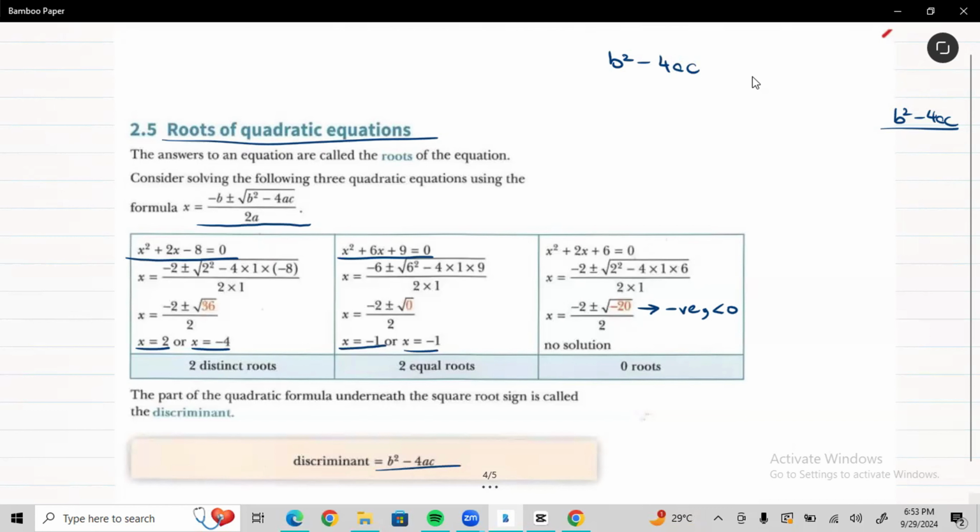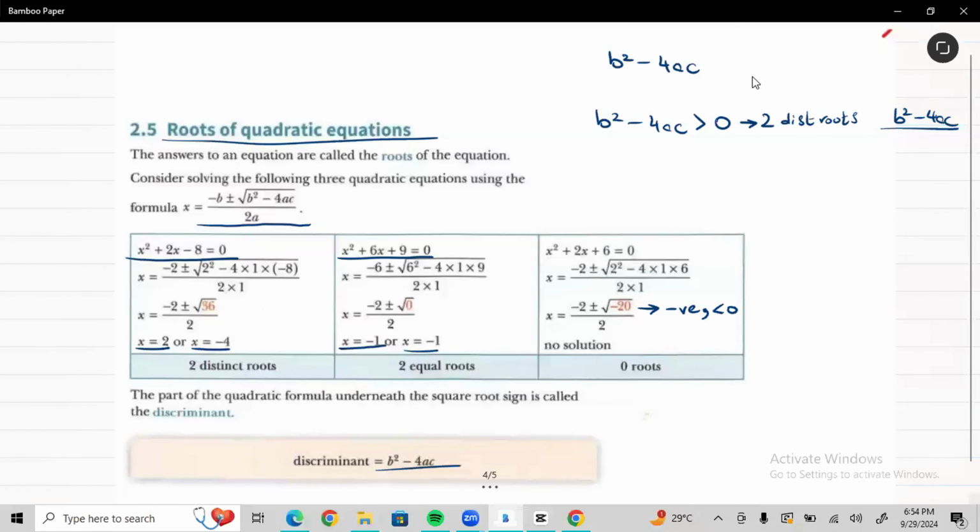If we take b squared minus 4ac, and the answer for this is greater than 0, we are going to get two distinct roots. So if the answer beneath the under root is a positive value, it is going to give two distinct roots.